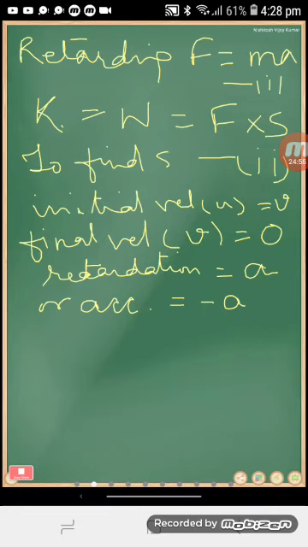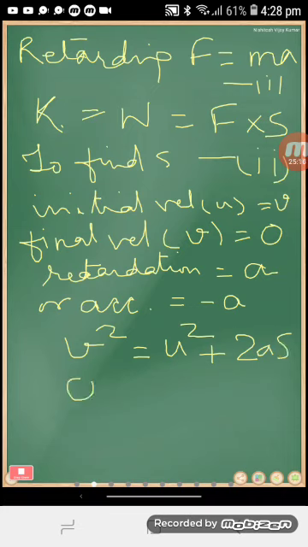So the relationship is your third equation of motion: v square is equal to u square plus 2as. If we put in the values, final velocity 0, initial velocity v, it becomes 0 equals v square. Now for retardation, I am using the acceleration, so it becomes minus 2as.